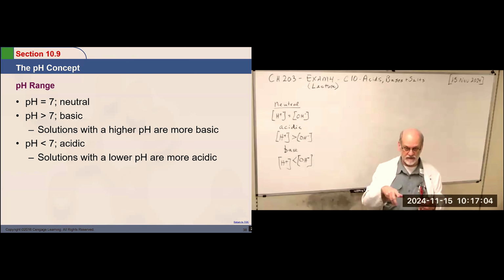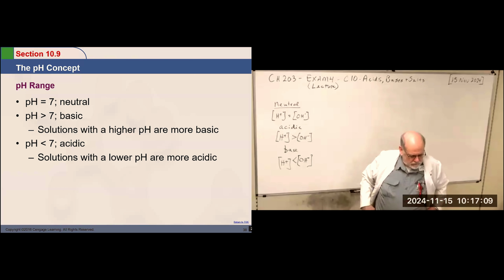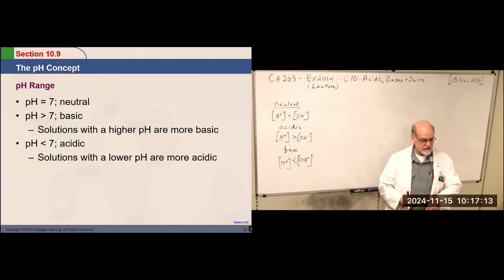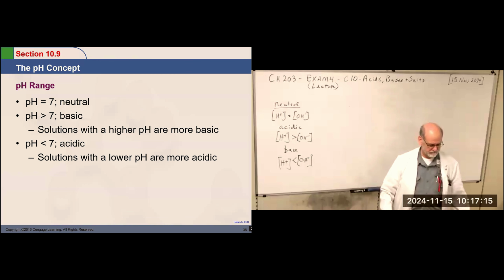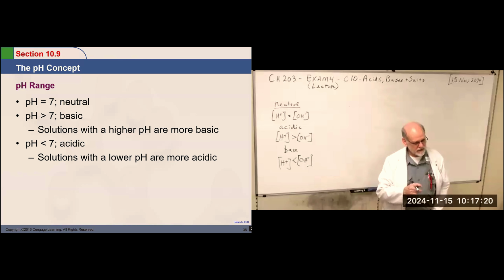And it skips the part about hydrogen ion concentration. It just goes straight to the pH. So if that's our situation and we're not interested in the intermediate scientific notation, then we need to understand what our pH means.